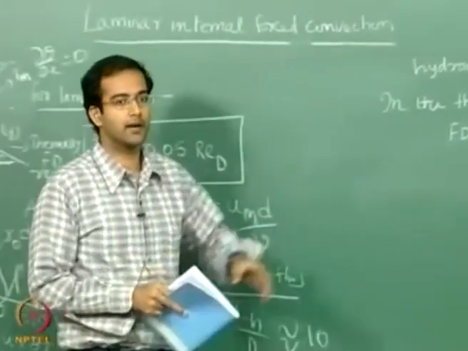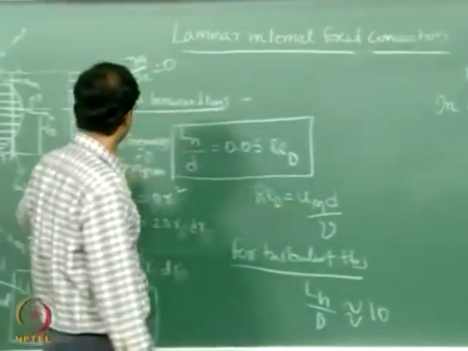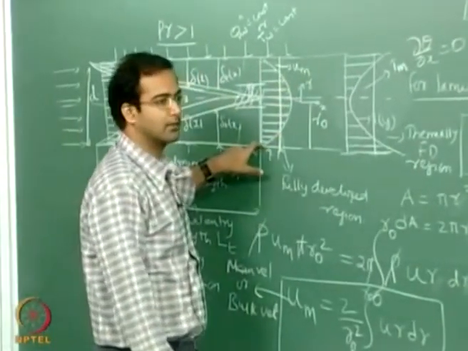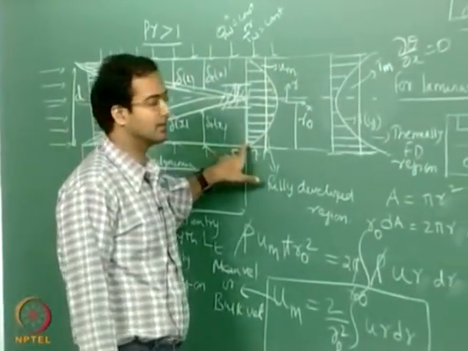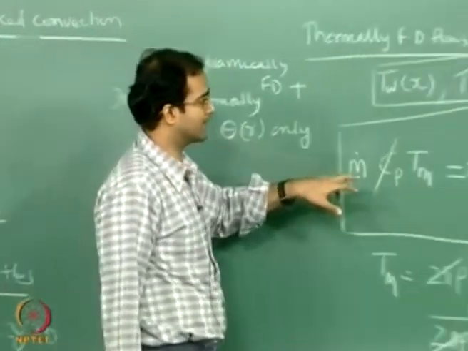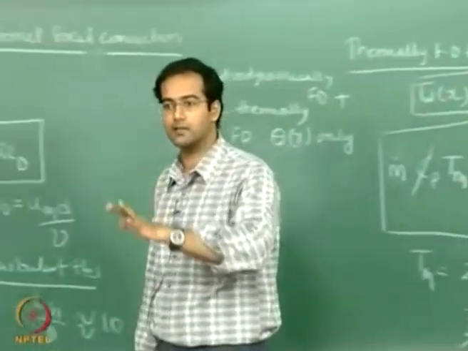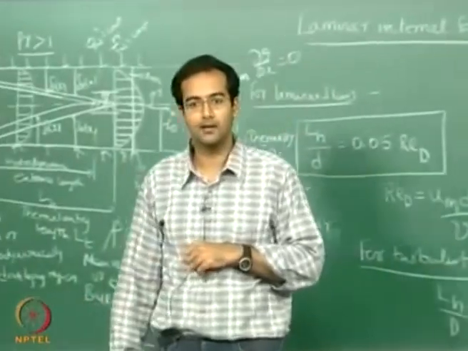So it should be hydrodynamically fully developed first, and that's where we have taken a variation like this. We have a parabolic velocity profile, and on top of it, if you put a condition that d theta by dx is equal to 0, then you are looking at a location where your theta is a function of only r.